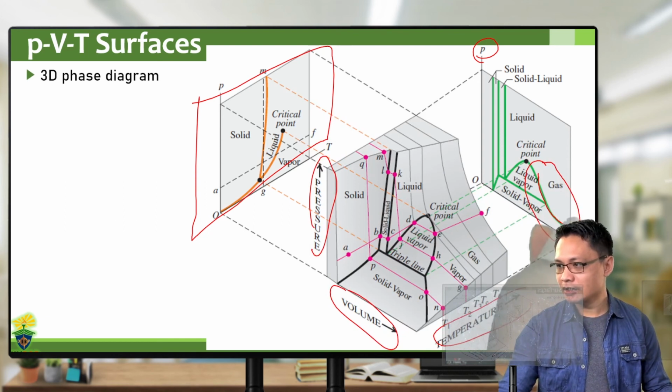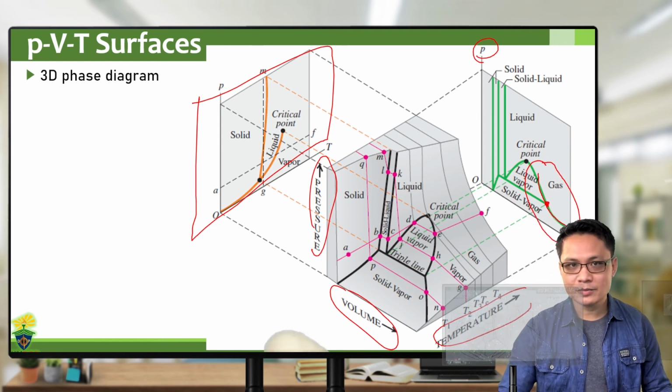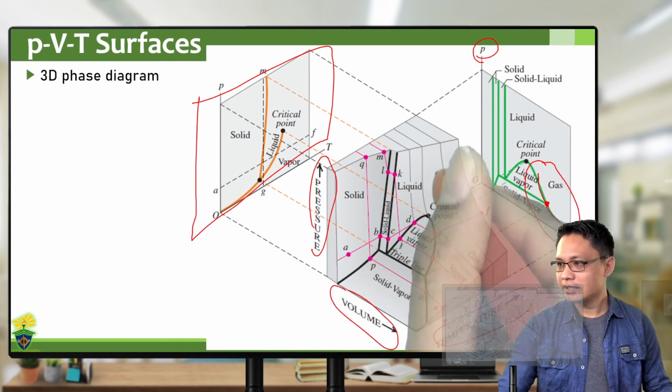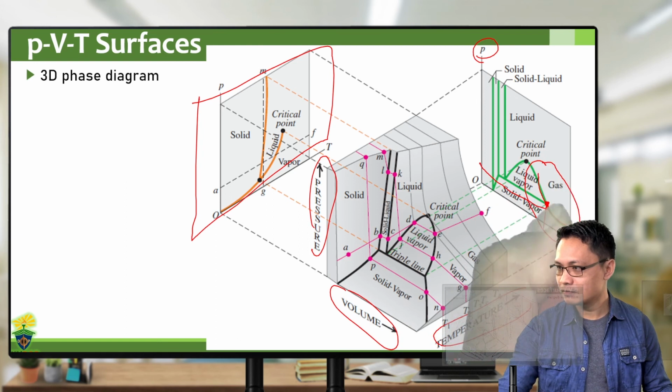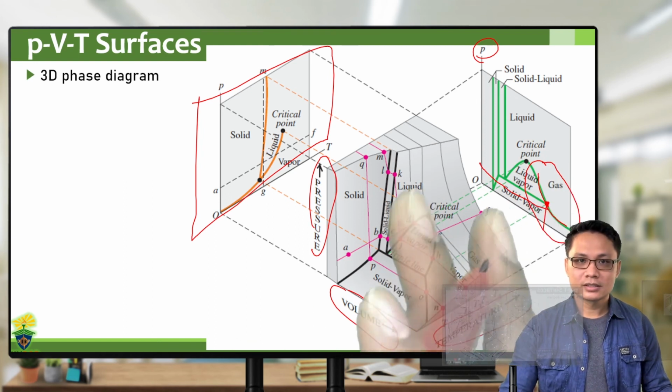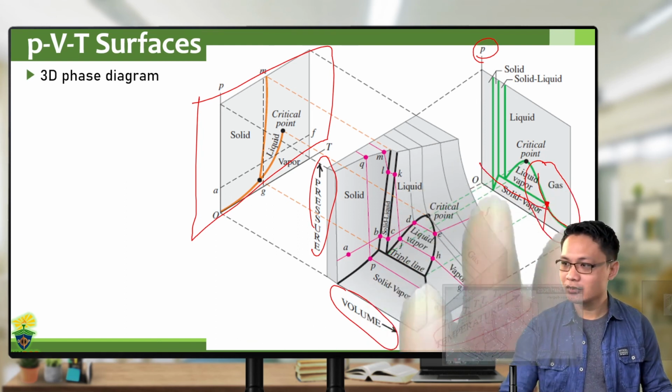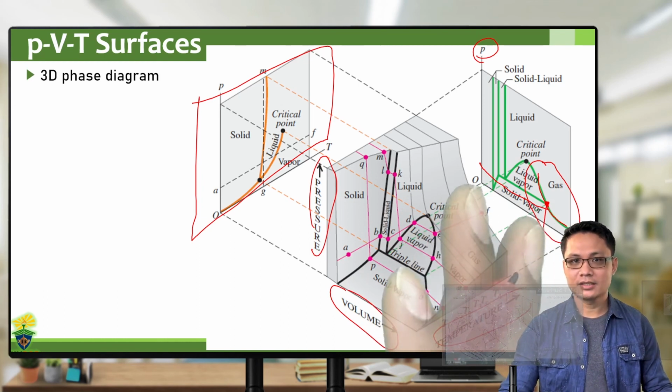And at this particular condition, we can see that this is at the triple point. At that specific temperature, that specific pressure, and that specific volume, there exist the solid, the liquid, and the gas.